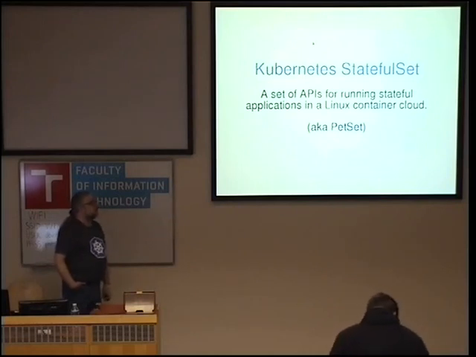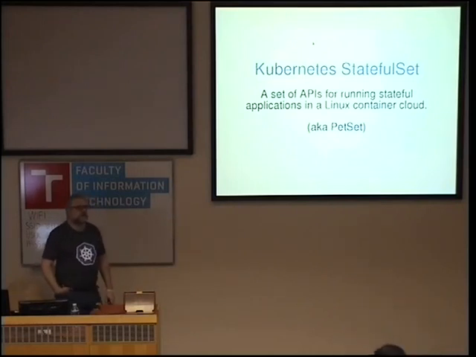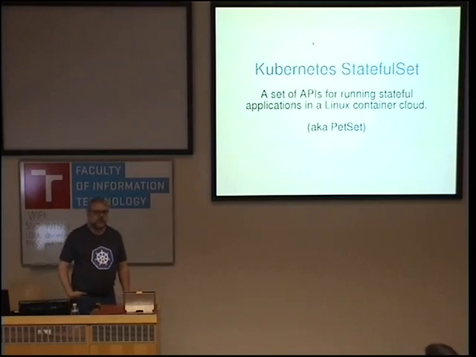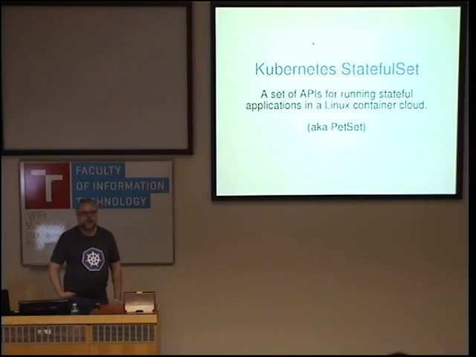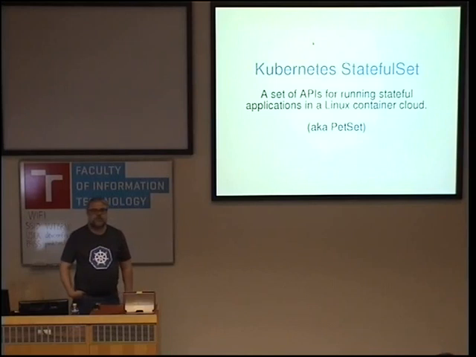StatefulSet is actually several different features that have been rolled up under one object for running stateful containers in a container cloud. Up until about 2 months ago, StatefulSet was called PetSet, which was a bad name.